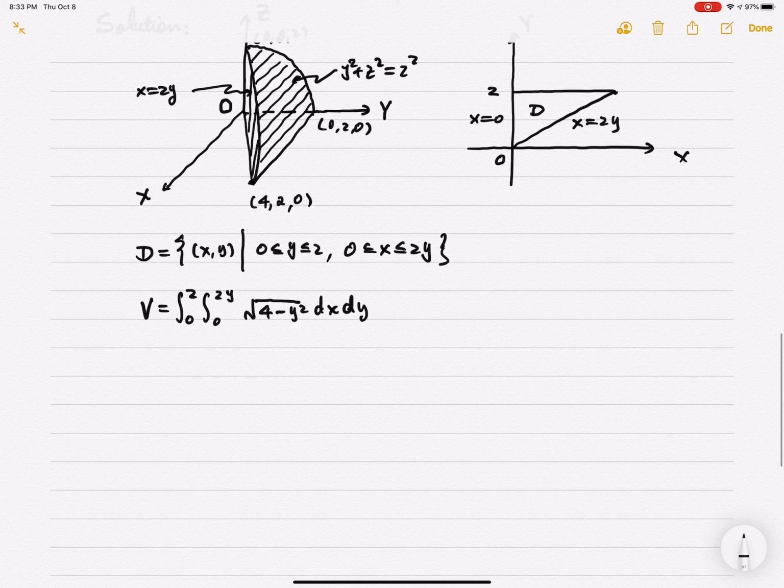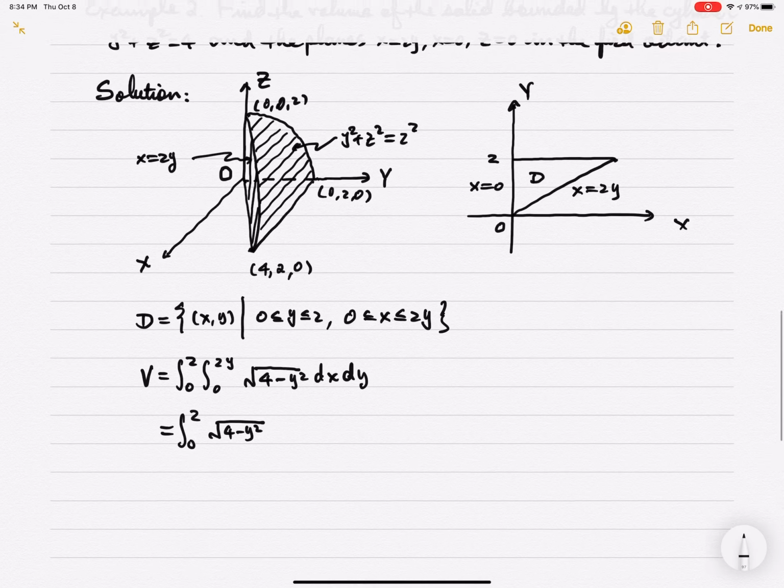And now you see here, this is equal to 0 to 2. Now, the first integration is with respect to x, but the function has no x. So it's like a constant. So you move out 4 minus y squared.